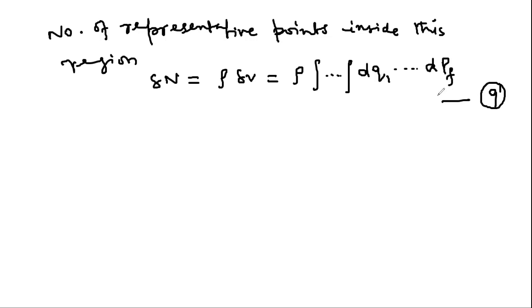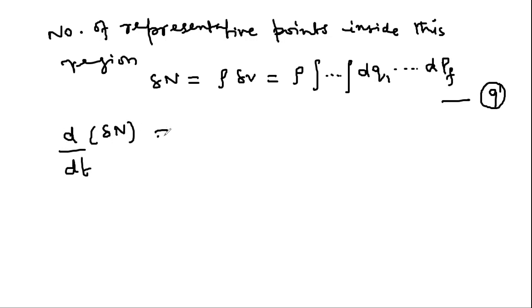So I want to find what will happen with time to the number of systems lying in this region delta V, whose boundaries are also representative points lying in the region. That means I have to find the time derivative of this delta n.